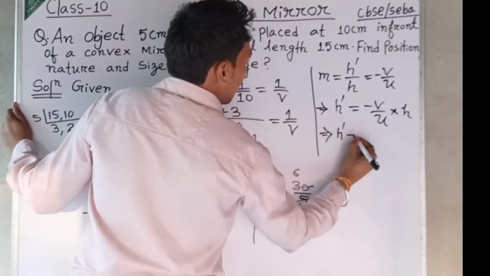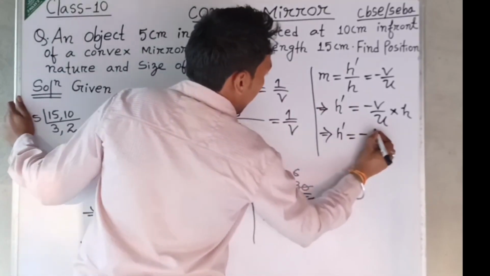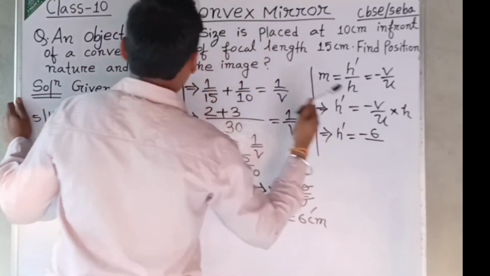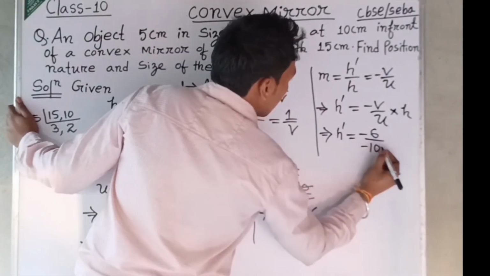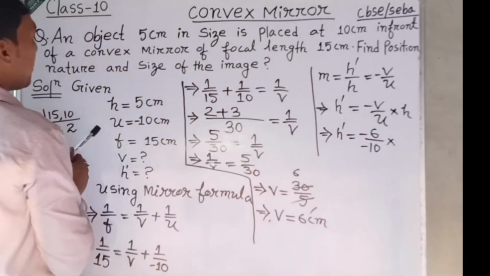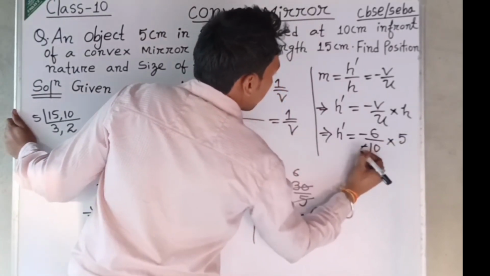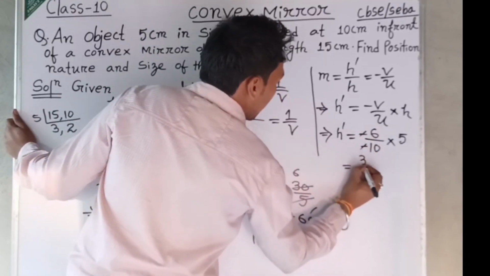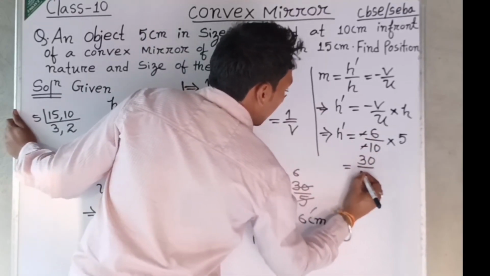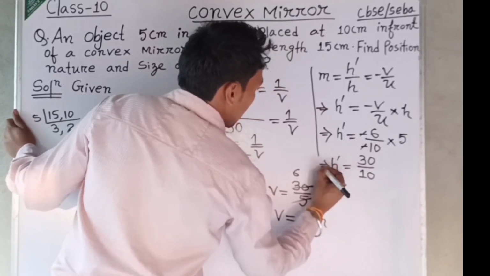So h dash equal to minus v value I have got here 6, so write here 6 by u means minus 10, so don't forget to write minus 10 into h means 5, so write here 5. So minus minus cancel, 6 5s are 30 by 10. So this is the value of h dash.